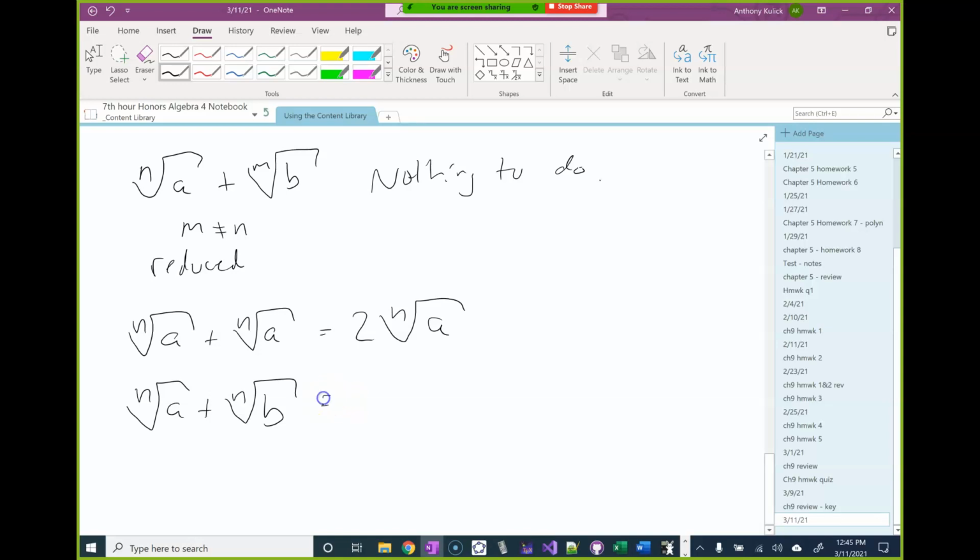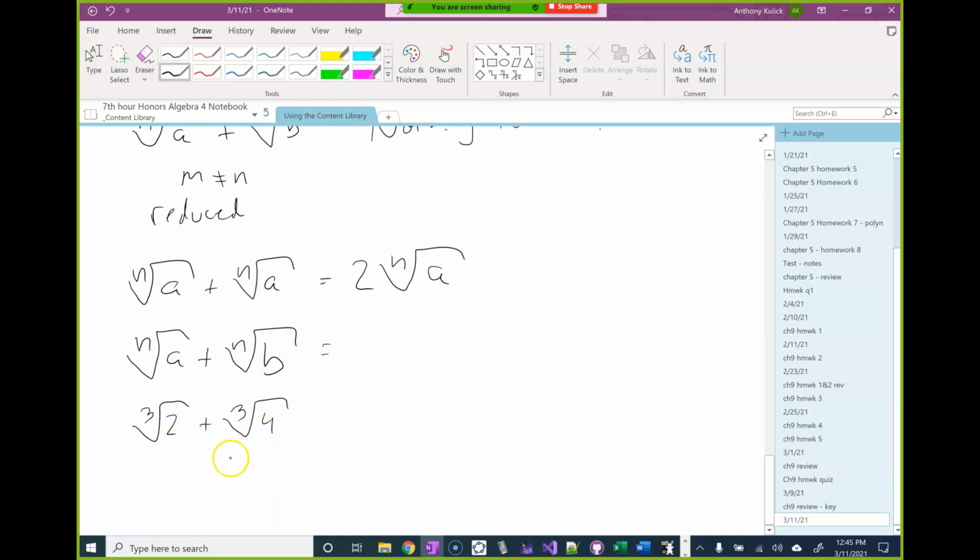I mean, there's some sneaky stuff that you might want to be able to do. For example, if we think about the cube root of 4 as cube root 2 times cube root 2, we could factor out the greatest common factor of cube root 2 and do something like that, but I would argue that's not made it any simpler, right?